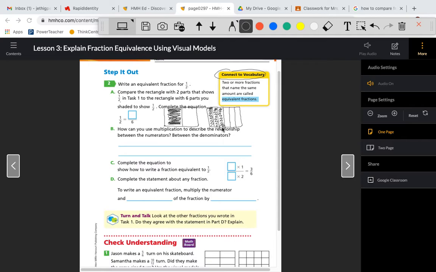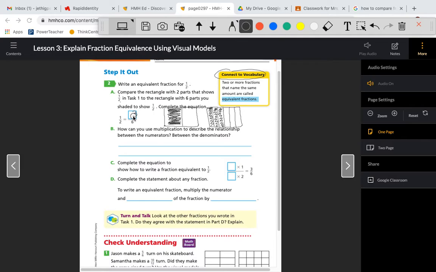So, compare the rectangle with 2 parts that shows 1/2 in task 1 to the rectangle with 6 parts you shaded to show 1/2. Complete the equation. So to do that, we need to figure out how many parts we had shaded in the rectangle with 6 equal parts. Well, we shaded 3 of those. So 1/2 equals 3/6. Now let's look at B.